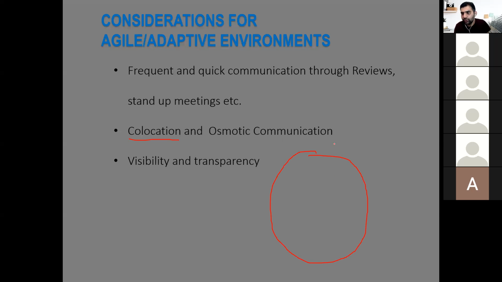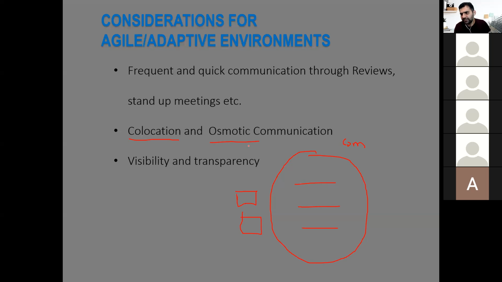Now we have more open office environments where team members are sitting while facing each other. This is called commons. However, if team members need some privacy, in offices there are some cabins available. We call them caves, where they can go and do some research or make a phone call, and so forth. So this is the concept of co-location, and it helps in osmotic communication.